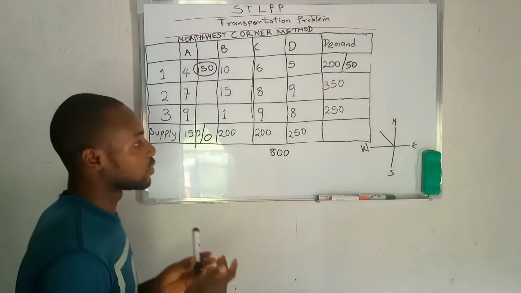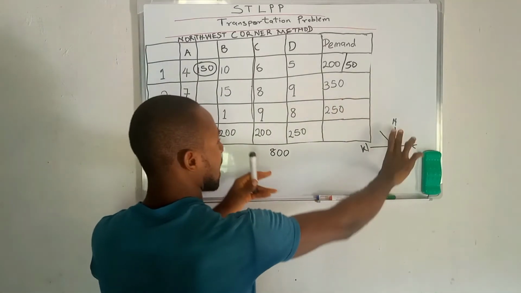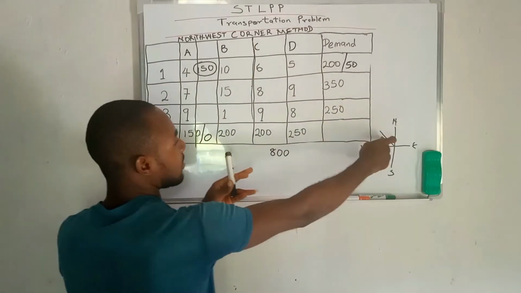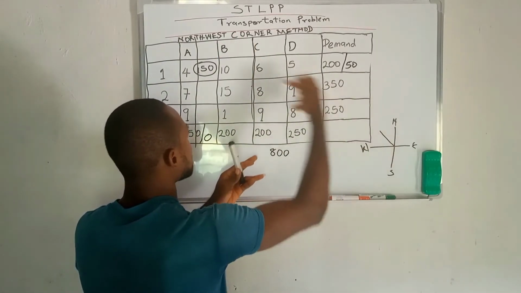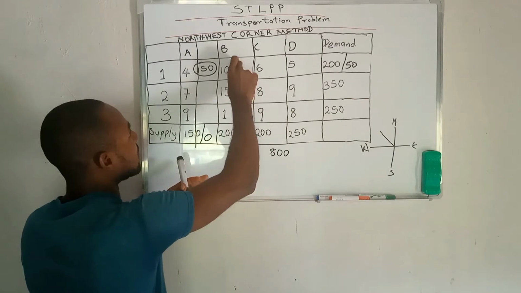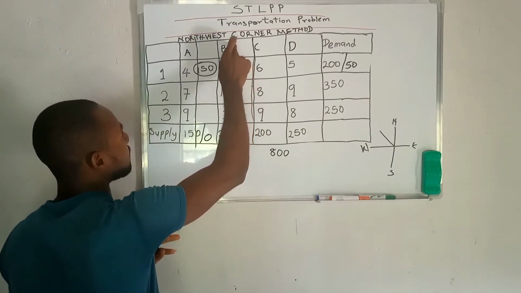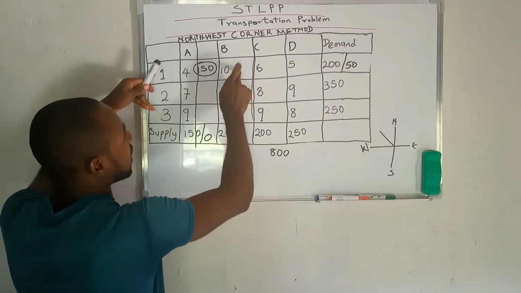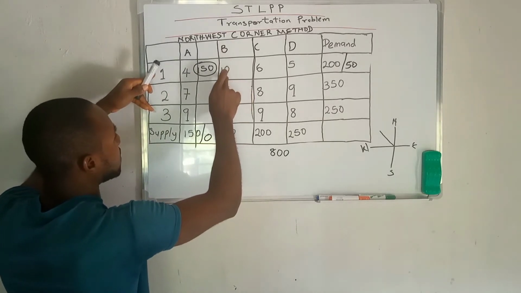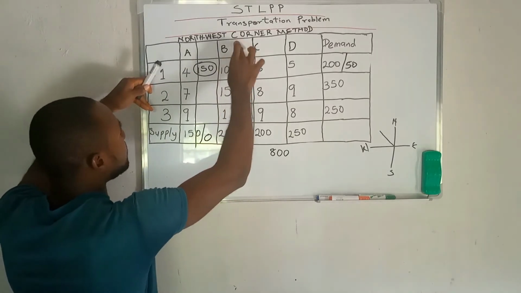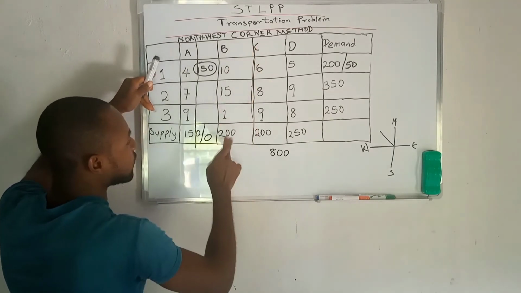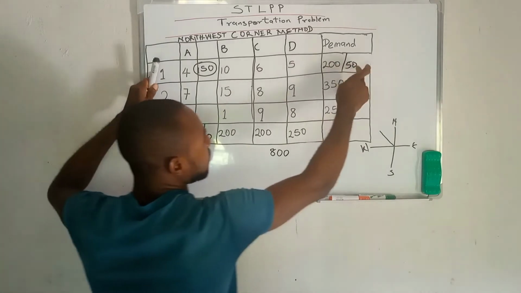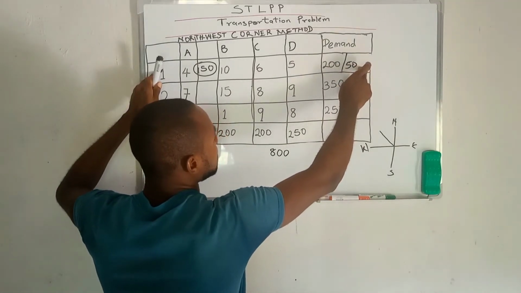The next thing we do is bring our graph, plot it here, and check for the northwest, and northwest is 10. We'll be transporting from B to the first store, which will cost us $10. Unit B has 200 goods to supply, but the first store needs only 50 goods.